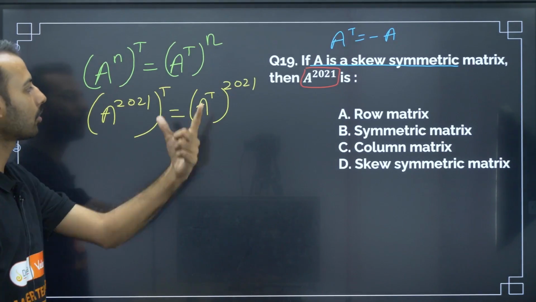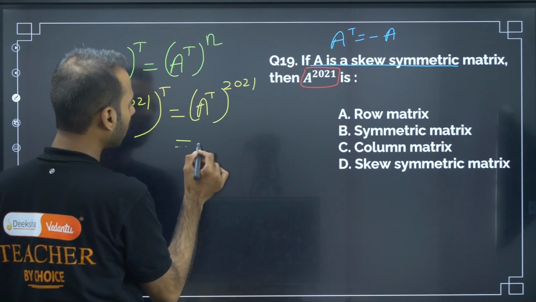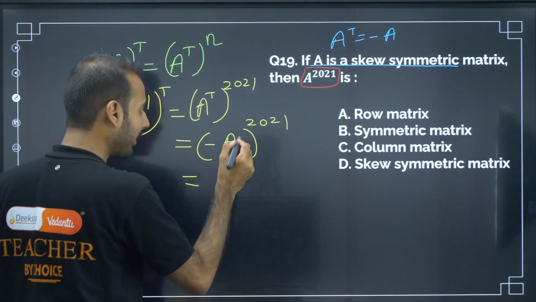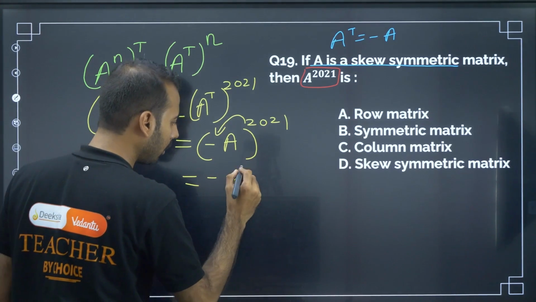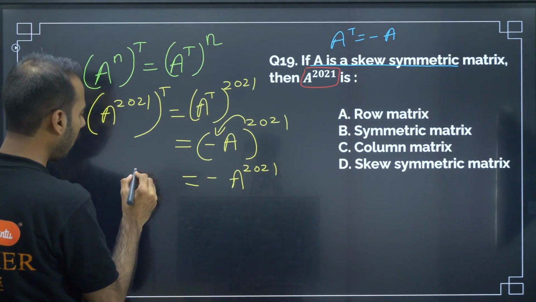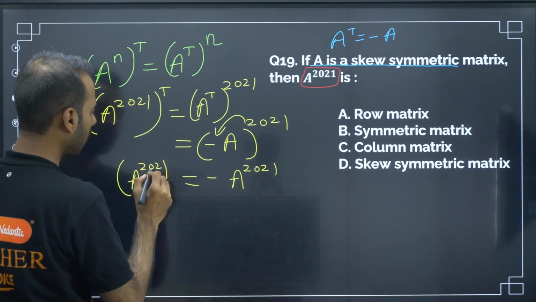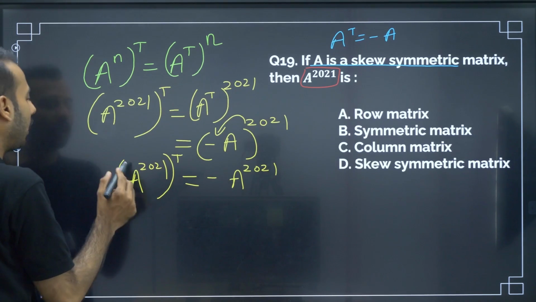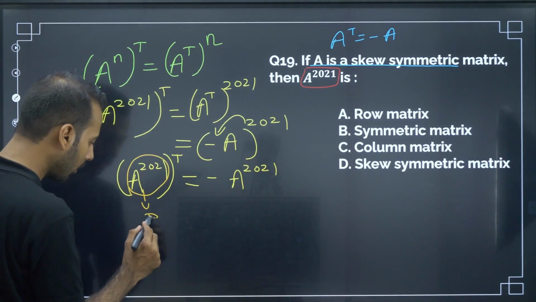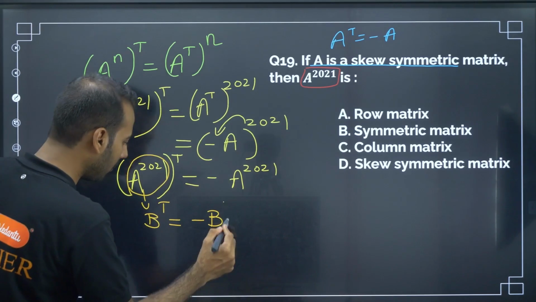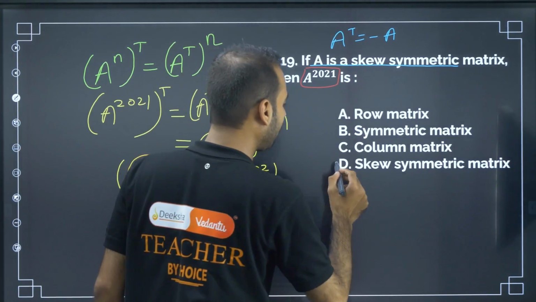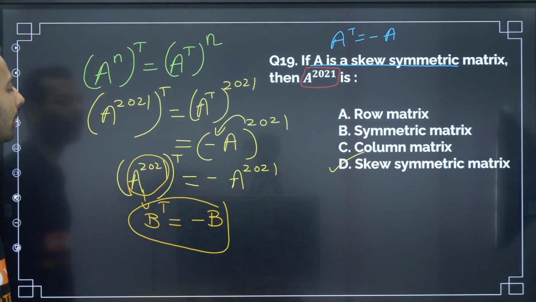But A transpose is minus A, so this 2021 is applicable to this also. So the transpose of A^2021 is minus A^2021. Now if I name this as B, B transpose is equal to minus B, which means A^2021 is a skew symmetric matrix. Next, moving on.